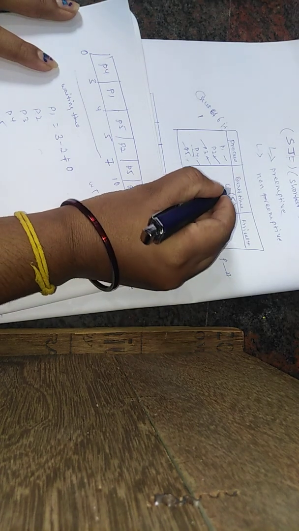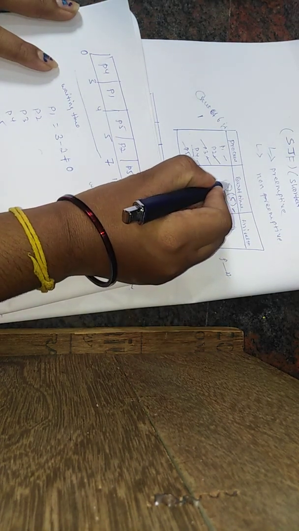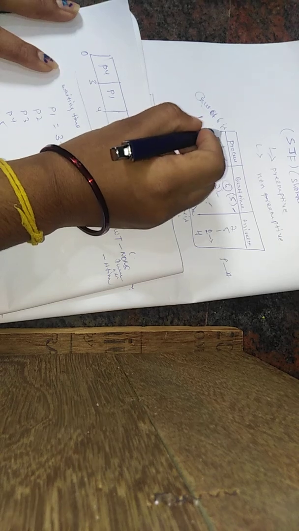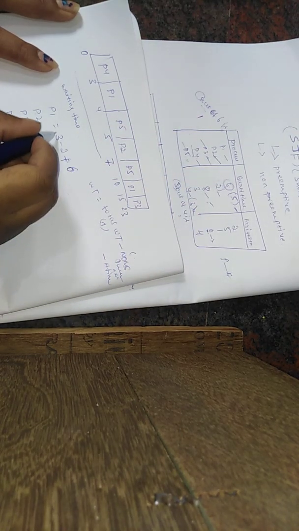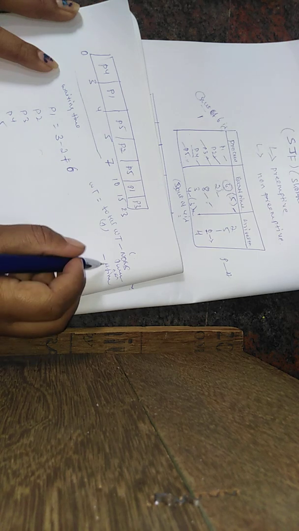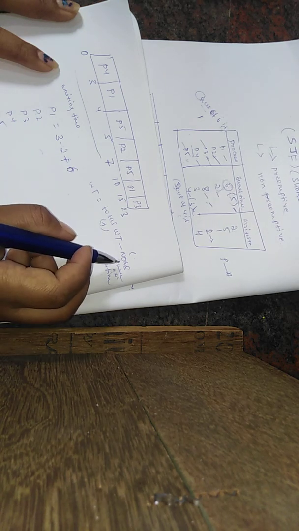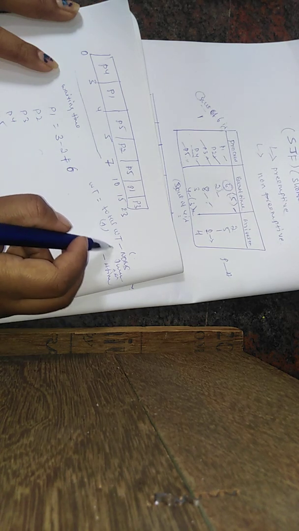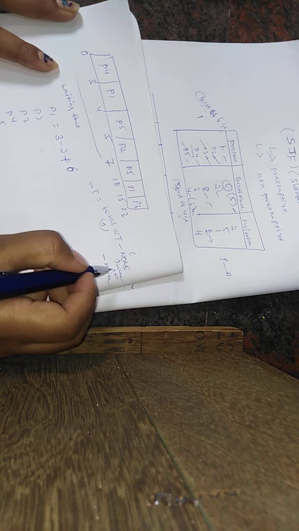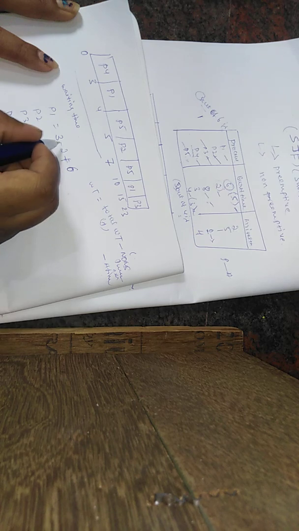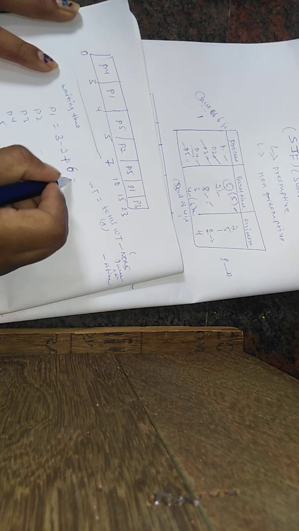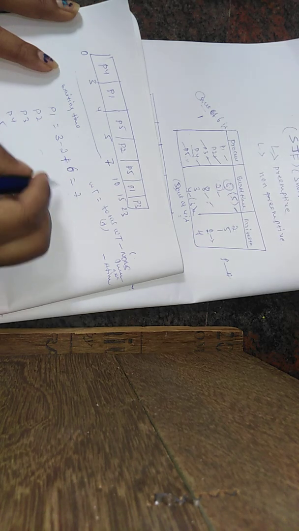Why? Because we can use the burst time also. Out of 6 we can take on, so we can add the value. So this one is the arrival time minus the execution. So 3 minus 2 plus 6 is equal to 7.